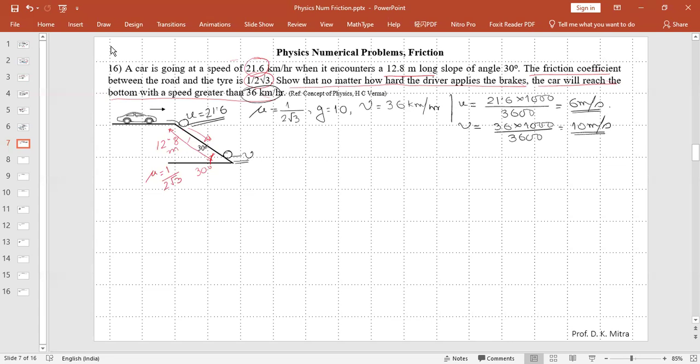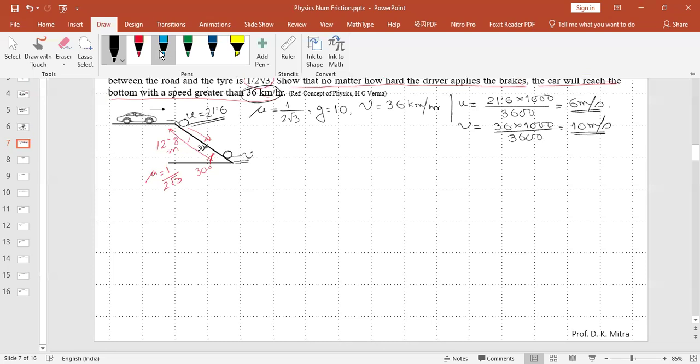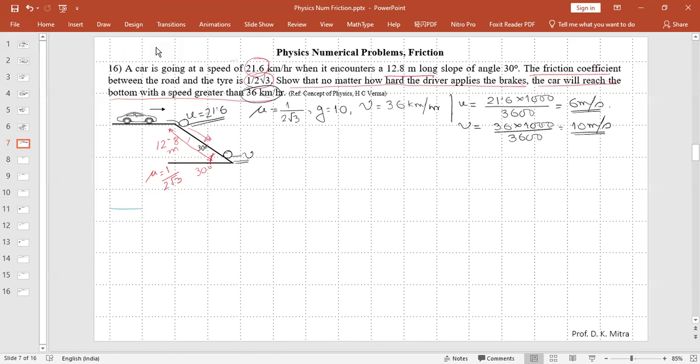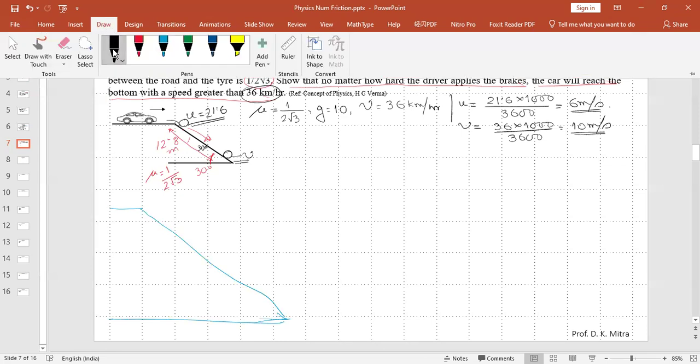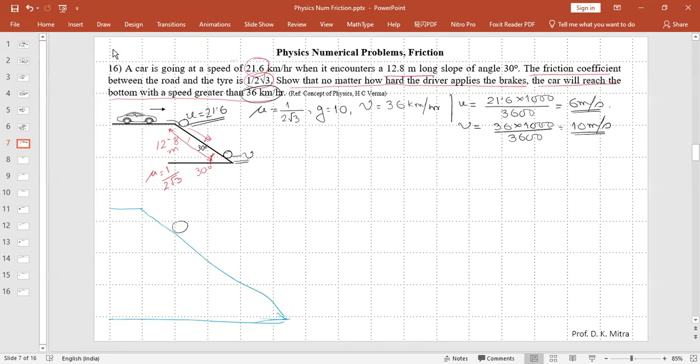Here also, the car is simply skidding down. If the car is simply skidding down, then maybe we write the formula. We draw a picture like this for clear understanding. Say this is the car wheel, which is skidding down. The wheel is not rolling because hard brake has been pressed.